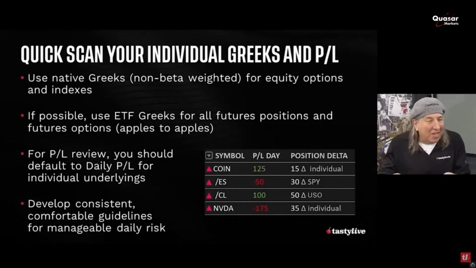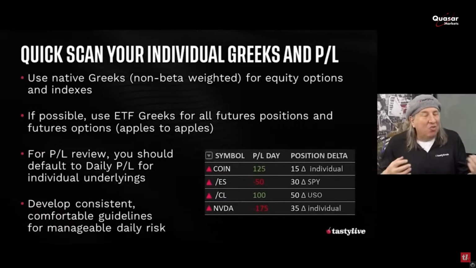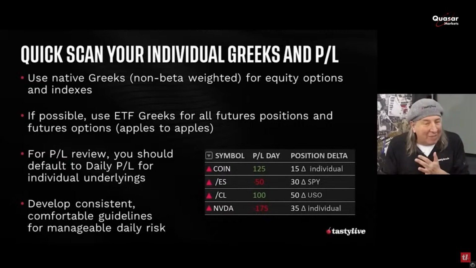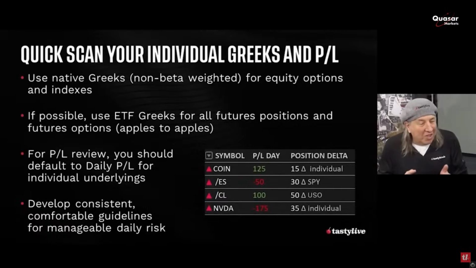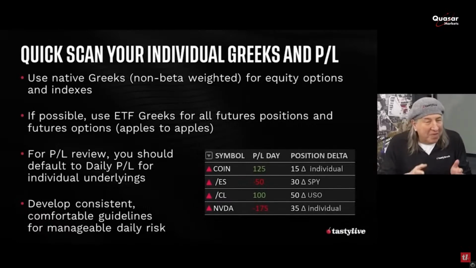Because futures on their own get very complicated when you take a futures Greek because it has different multipliers. So if you want to normalize futures and make them a part of your portfolio, which I think is incredibly important, A, for capital efficiency, which is the main thing, but also because they are non-correlated. So what we'd love you to do is to include futures and futures options positions along with your equity positions.